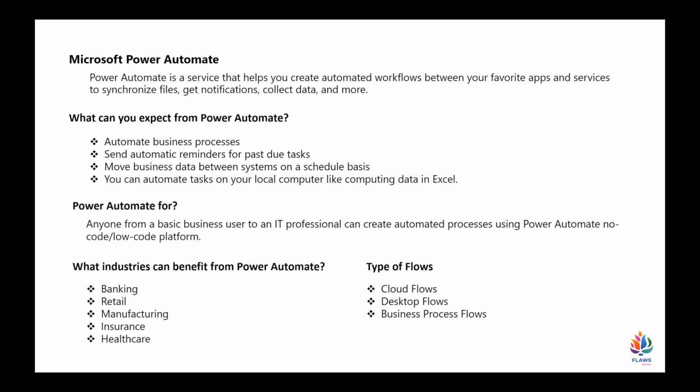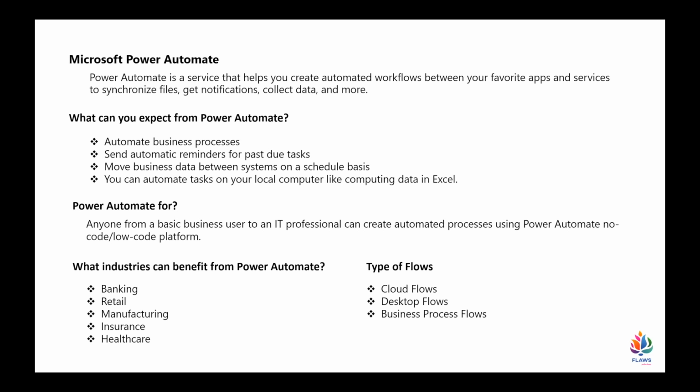In our daily operations we are connecting Office 365 emails, SharePoint, Planner, everything, right? So here we can integrate all these platforms into Power Automate, and we can automate our daily tasks.